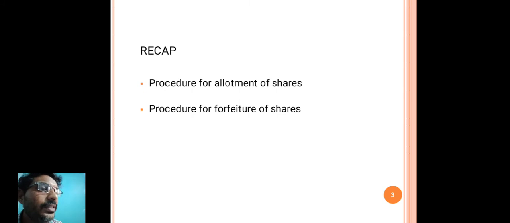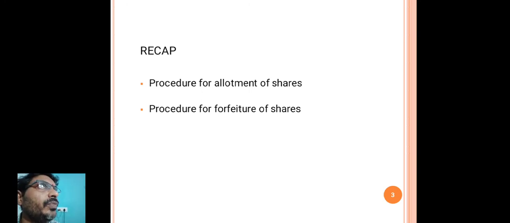If any shareholder does not pay the remaining installment amount within these 14 days, their shares are transferred to the forfeiture of shares account.